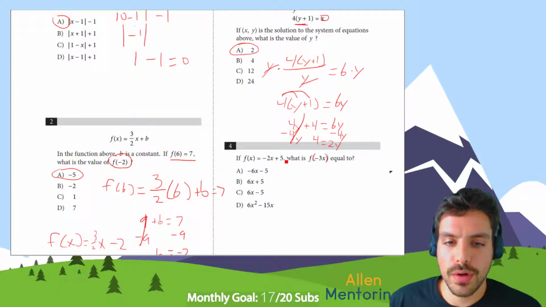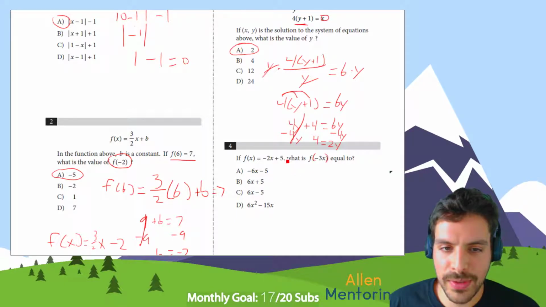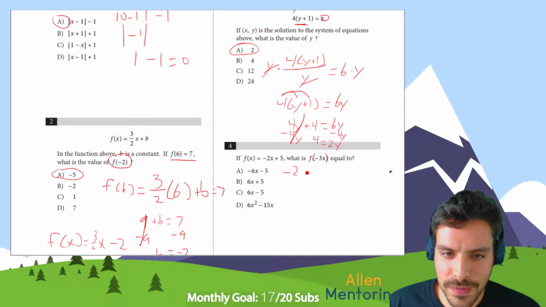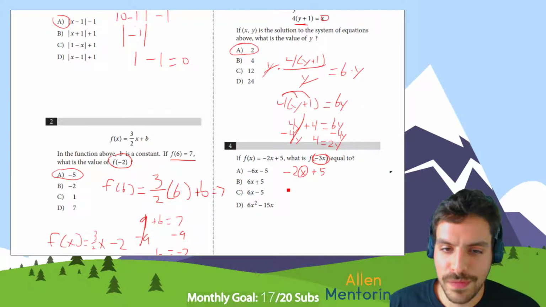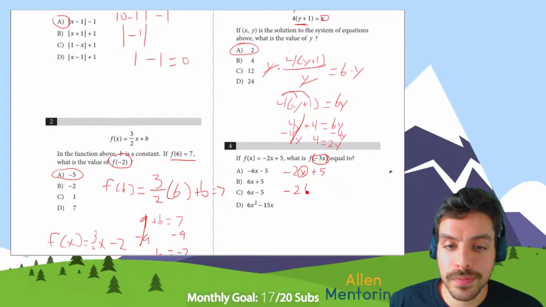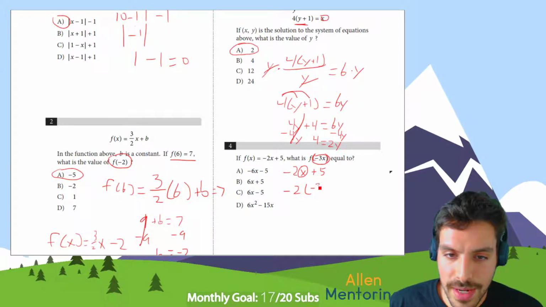So if they're telling us replace x with negative 3x, that's all we have to do. So if I rewrite this, I have negative 2x here plus 5. All they're saying is please replace this x with whatever's inside this parentheses. That's it. So if I was to do that, exactly as I just said, it would be negative 2 times negative 3x.